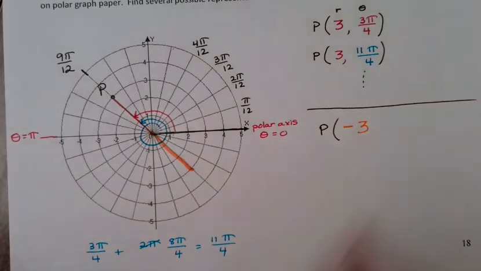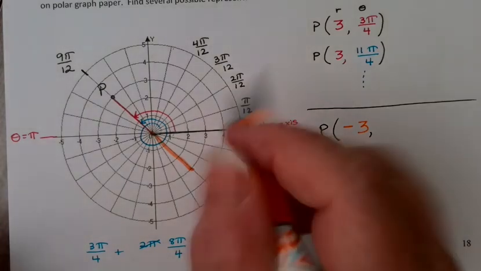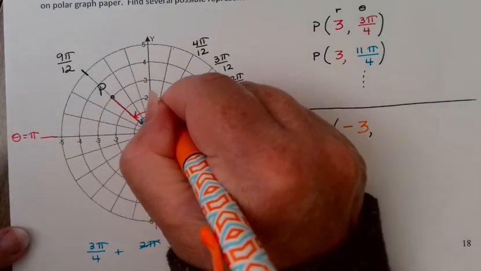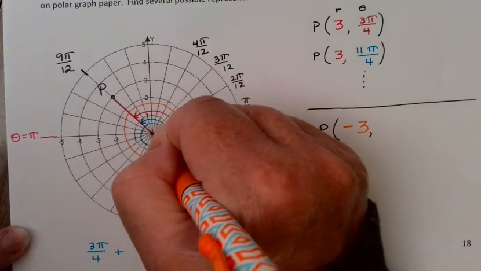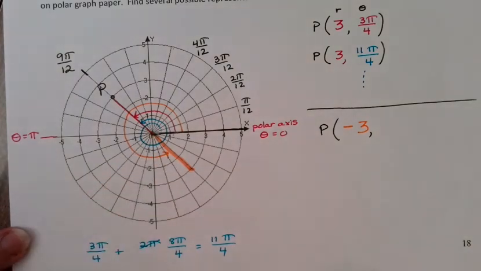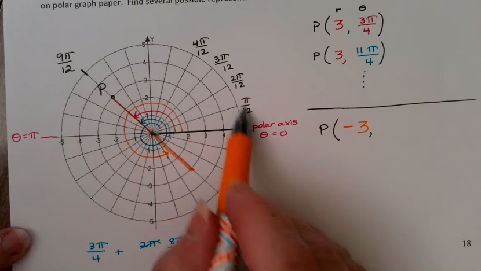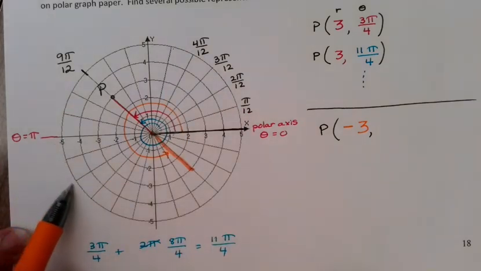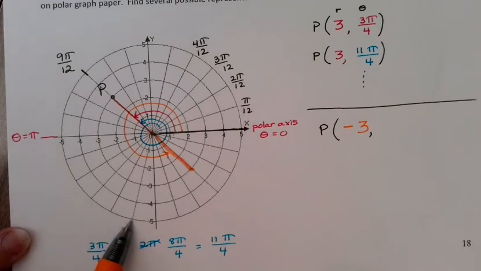So if r is negative 3, what are some possible angles that I could use? Well, we still start from the positive x-axis, and if I go around to that new line that I just drew, the r equals negative 3 line, that would be 12 twelfths, 13, 14, 15, 16, 17, 18, 19, 20, 21.